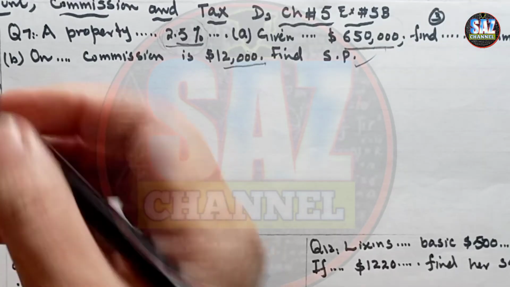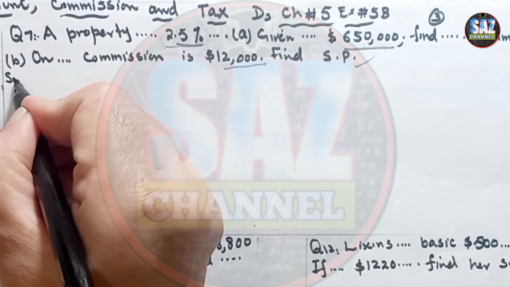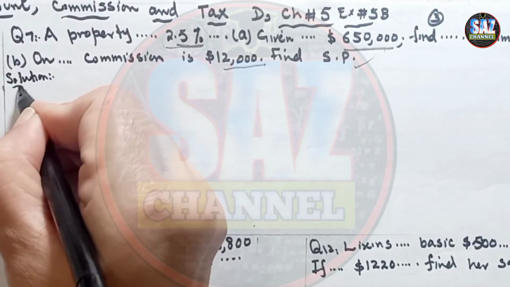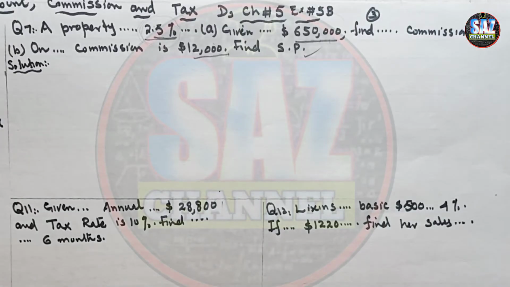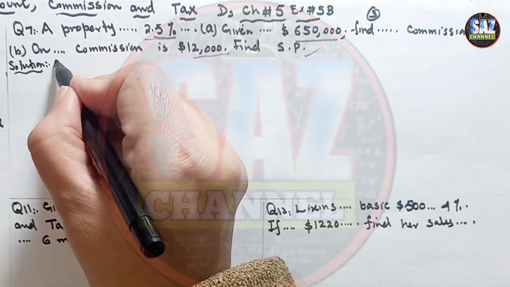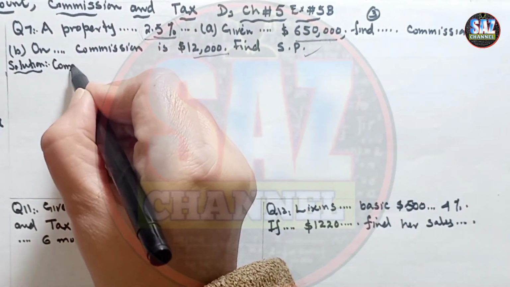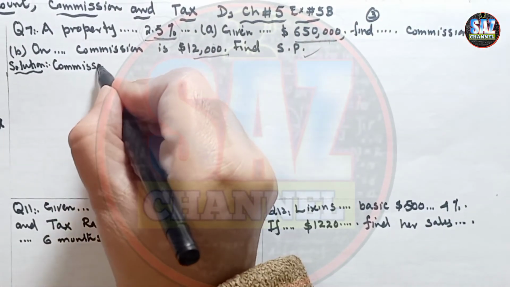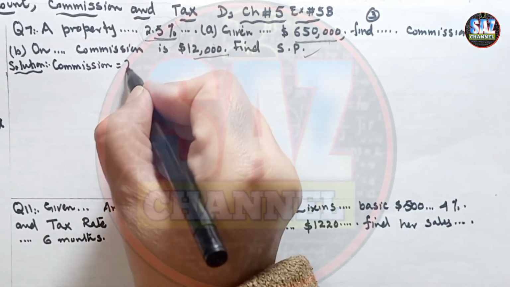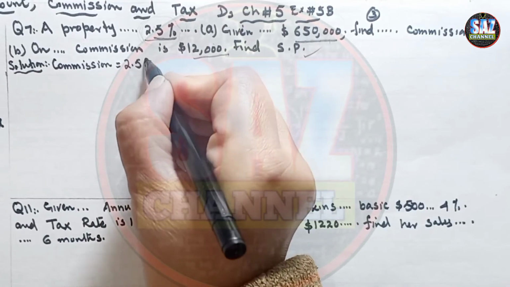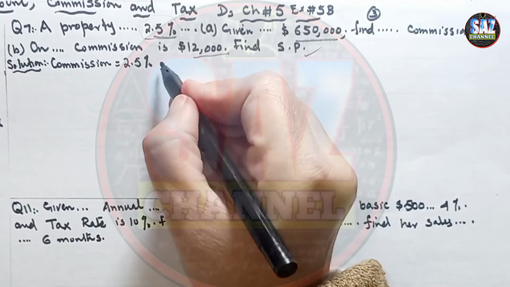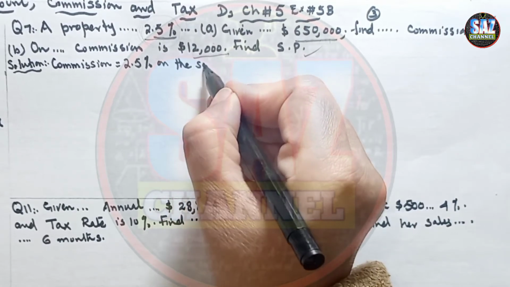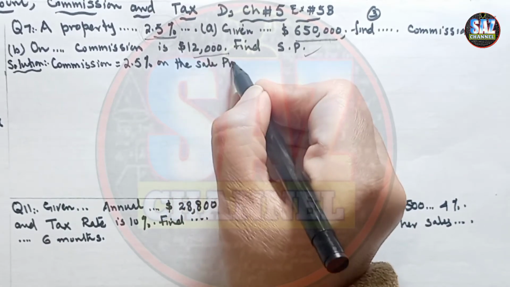So we have to think about what is this 2.5% given, the percentage by which he is getting the commission. So his commission will be equal to 2.5% on the sale price of the house.